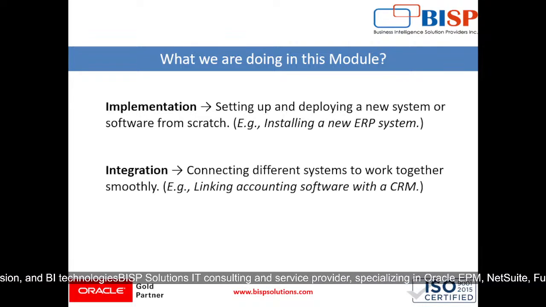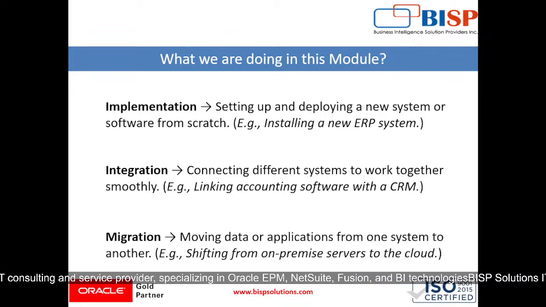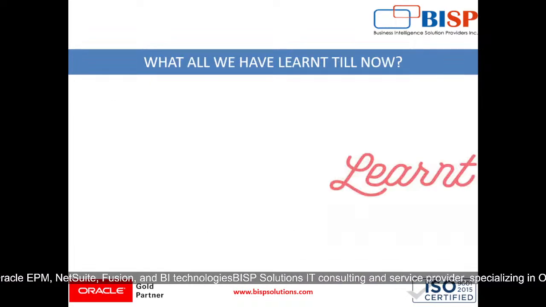And then integration, where we will be connecting different systems to work together smoothly, like linking accounting software with a CRM. And then we will be migrating, where we will be moving data or applications from one system to another, like shifting from on-premise servers to the cloud, just for the ease of business.